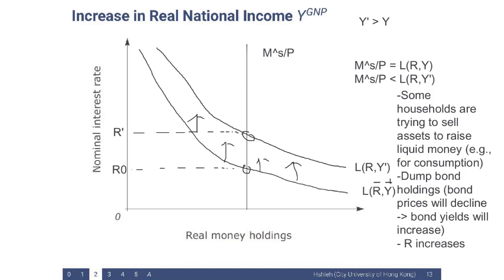So actually this MS over P, whatever this point here, is kind of arbitrary. I can choose any hypothetical MS over P along this horizontal axis and draw a vertical line. For any MS over P, if Y increases to Y prime, then R must increase as well. So the entire curve must shift upward.